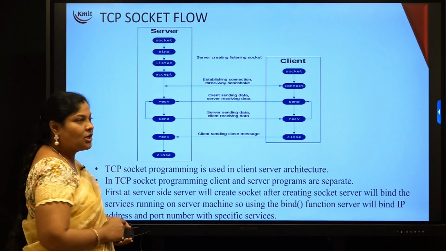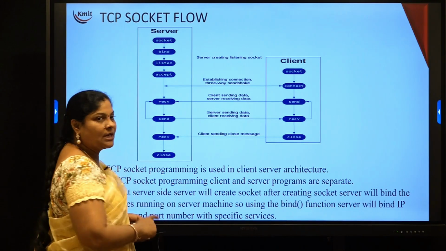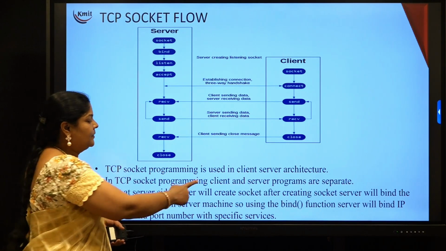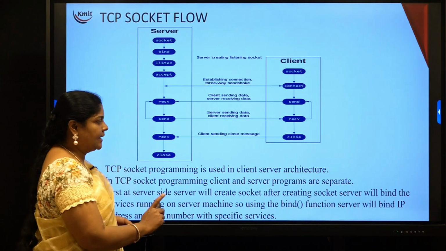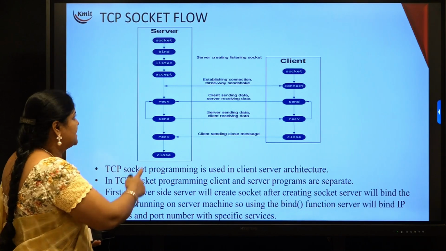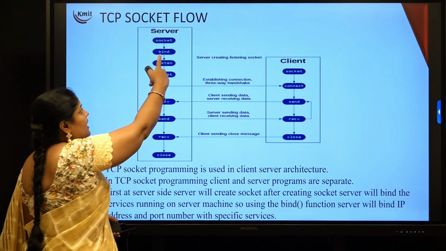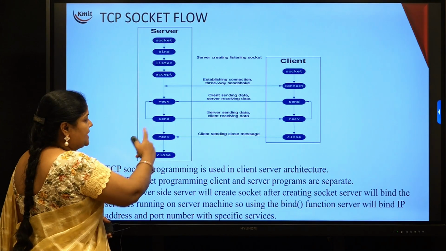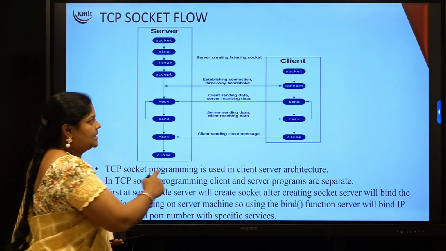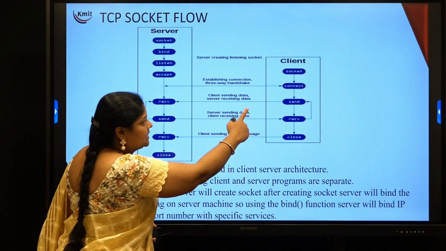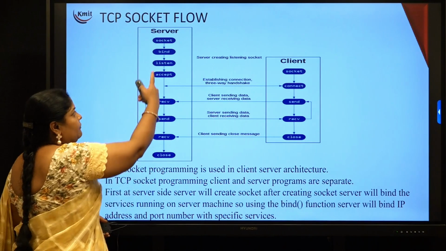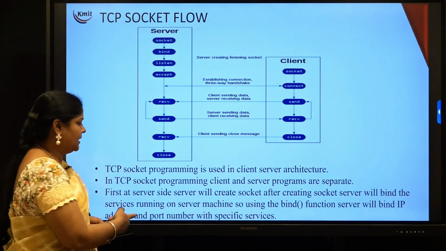In TCP socket programming we use a client server architecture, and the client and server programs are written separately. First, the server has different methods like socket, bind, listen, accept, receive, send, and then close. In the same way, the client also has some methods like socket, connect, send, receive, and close. Now we are going to see each method in detail.